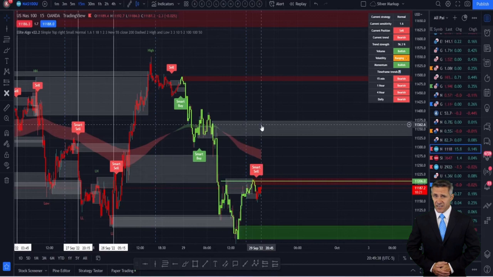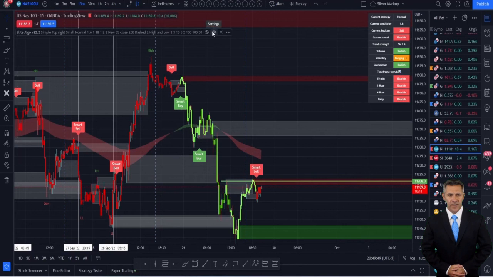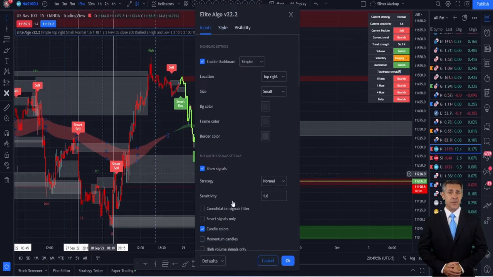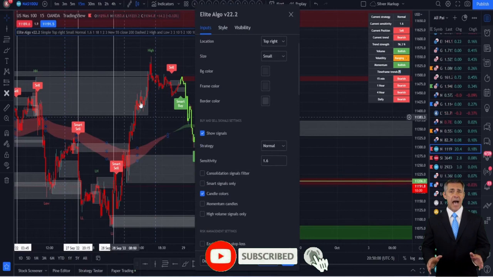And once I get there and I see some wicks like this, I'm selling. So having that on is probably one of my biggest things with Elite Algo, having the trend only and having the order blocks with the higher lows and lower highs. That's my personal method. This is the way that I particularly trade Elite Algo.